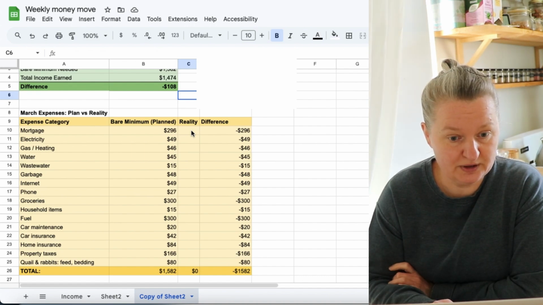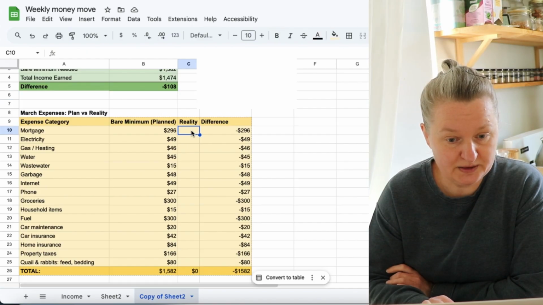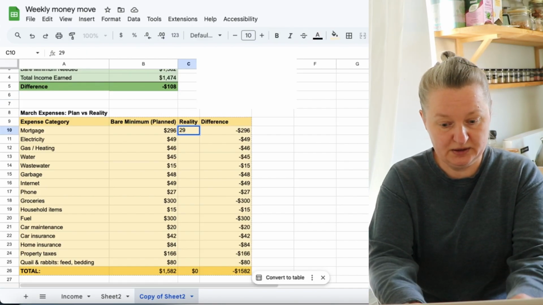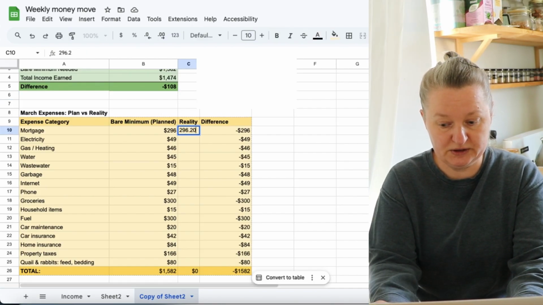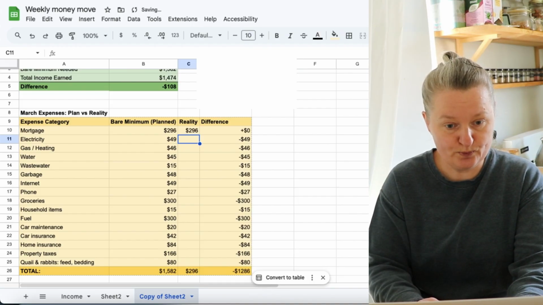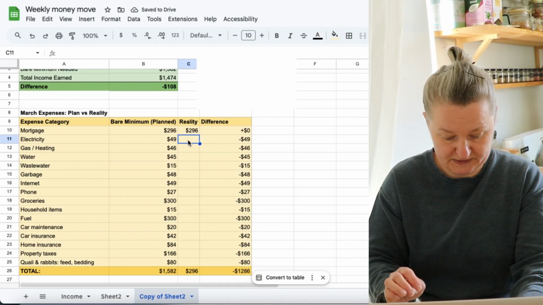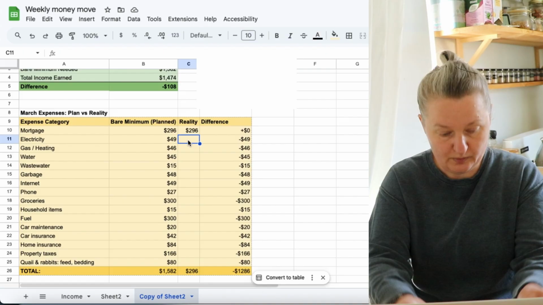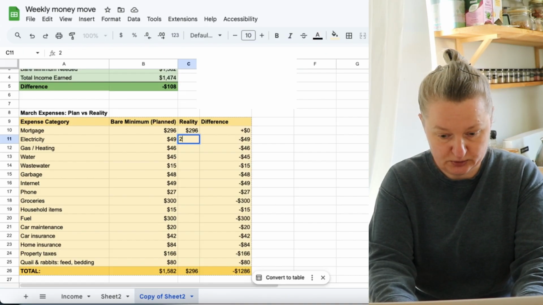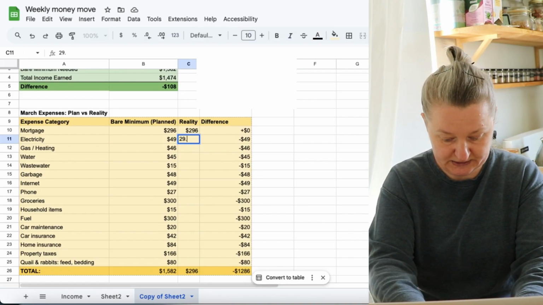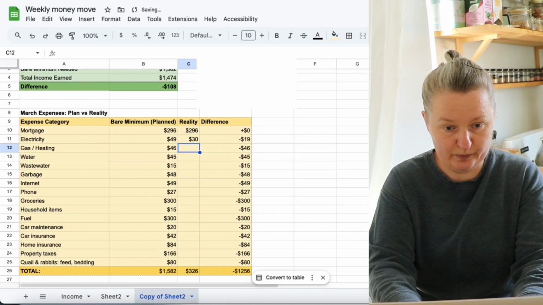For the first category, I spent $296.20 on my mortgage. Electricity bill was $29.68.